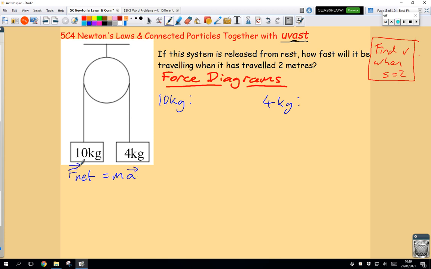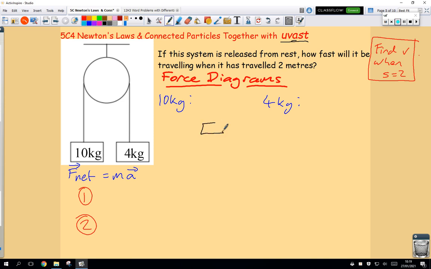That'll give me 2 equations. And from those equations, I'm going to solve the system, finding values for the variables that satisfy both equations simultaneously. So force diagrams, let's start with those.